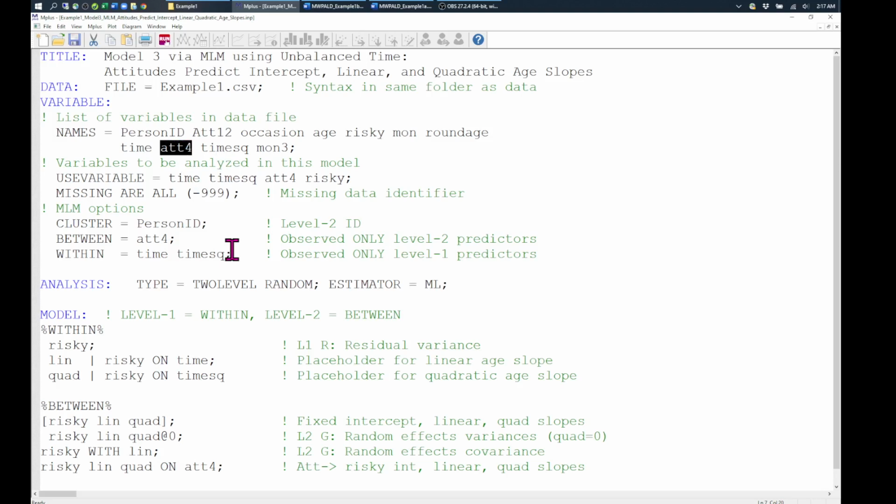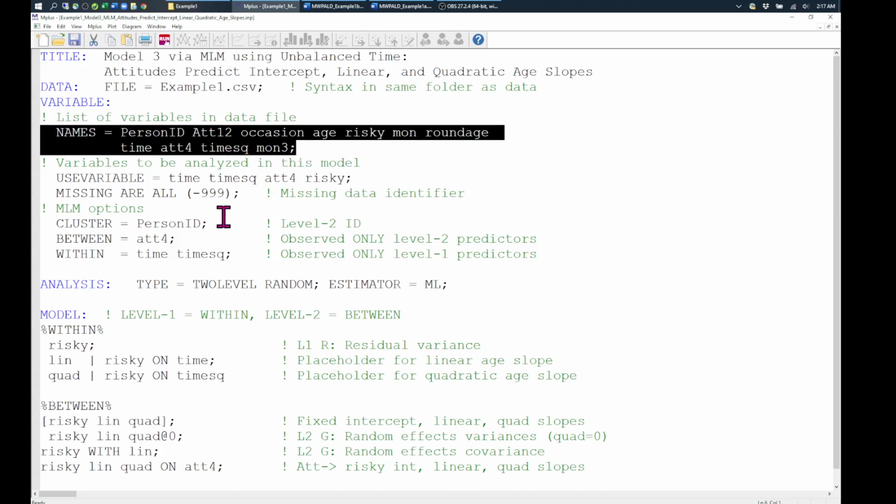Likewise, this is the attitudes variable minus 4, so centered such that 4 is the reference for this variable. Here is time squared because you can't define interaction terms on the fly within Mplus. They have to be saved as actual variables. And then this is monitoring centered at 3, which is what we'll end up using as the predictor.